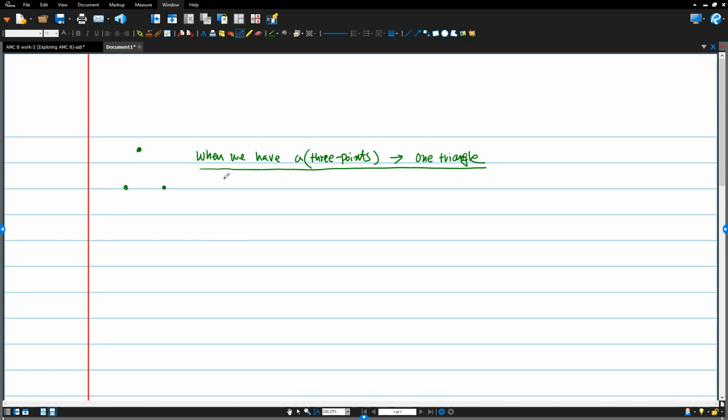When we choose 3 points out of N points, the symbol looks like this way.